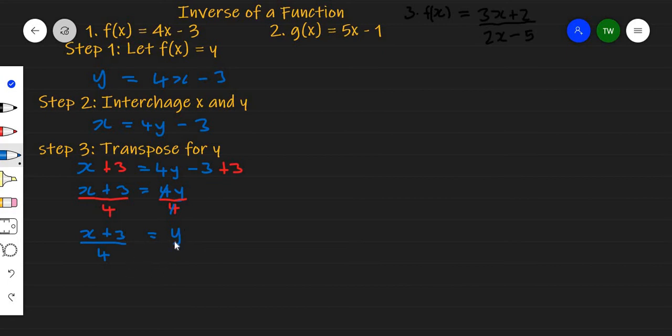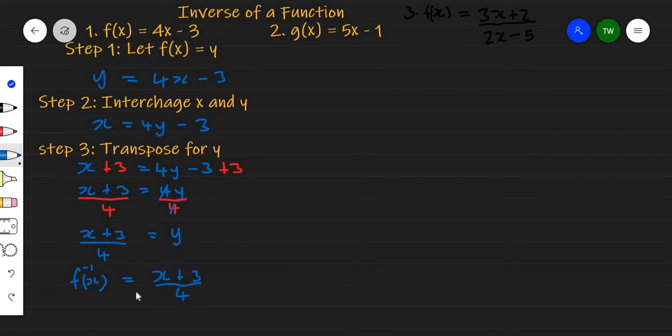So we're going to replace this y with f inverse of x. I'm going to write it on this side. So it's going to be f inverse of x is going to equal x plus 3 over 4. So it's going to equal x plus 3 all divided by 4.